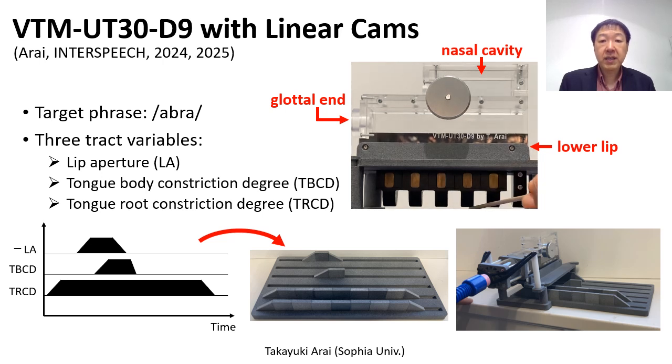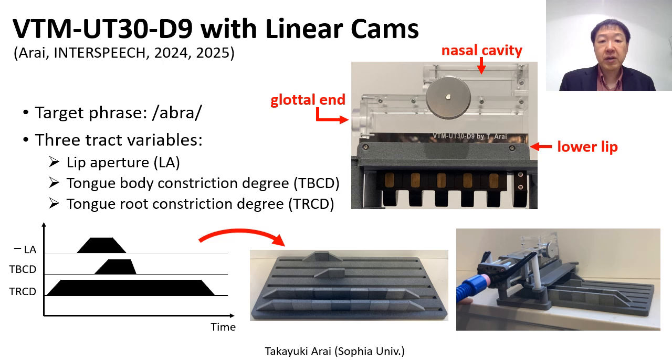Although the rotating cams are useful for multiple repetitions, this time we are using linear cams to produce the BR cluster with this model. To do that, I will use 3 tracked variables: LA for lip aperture, TBCD for tongue body constriction degree, and TRCD for tongue root constriction degree.